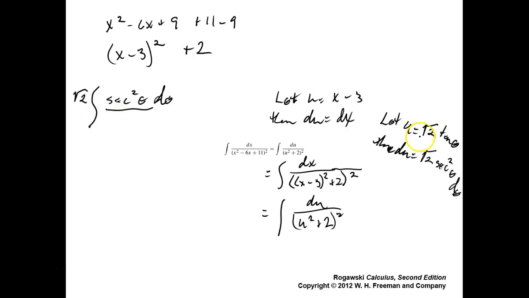it's the square root of 2 squared times tangent squared, so that would be 2 tangent squared theta plus 2, right? And that whole thing is squared, right? Okay. So what we're going to do here is the square root of 2 times the integral of secant squared theta d theta.